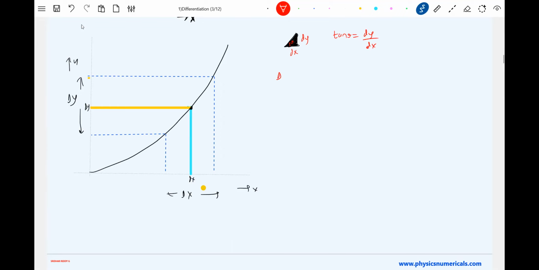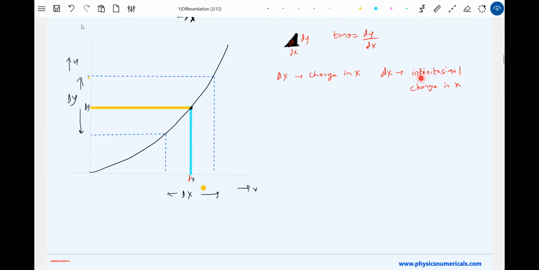I think you can see delta x tends to 0. Then delta x will become dx here, the small infinitesimal change in x. Delta x means change in x. Dx means infinitesimal change in x.